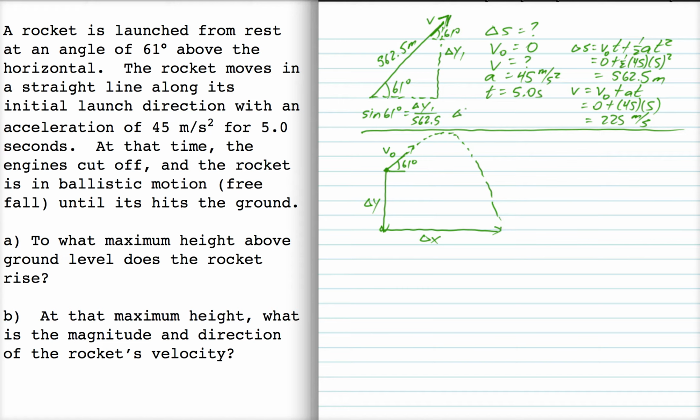So delta y1 is 562.5 times the sine of 61, which is 492 meters. Alright, so it goes 492 meters up. That means in this problem it's going to go 492 meters down before it hits the ground.